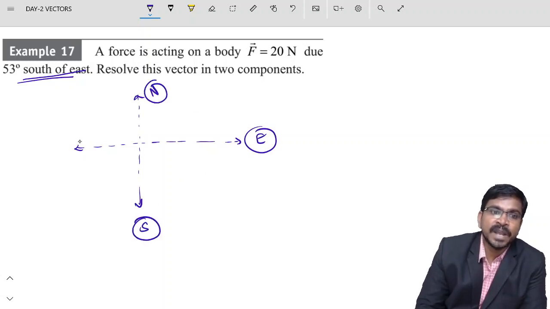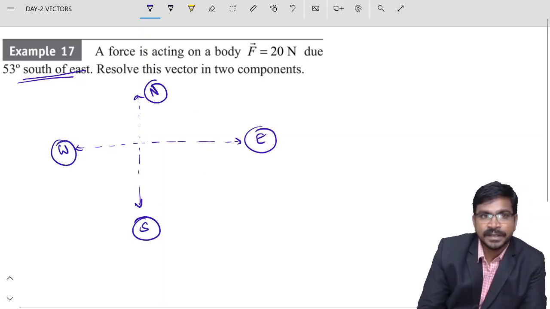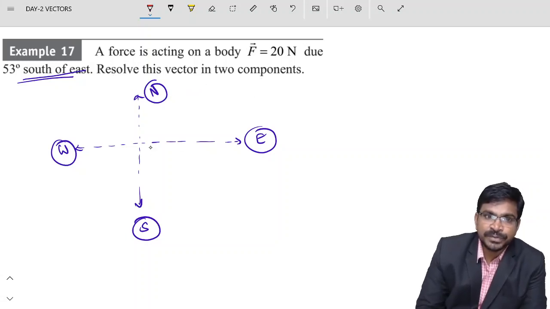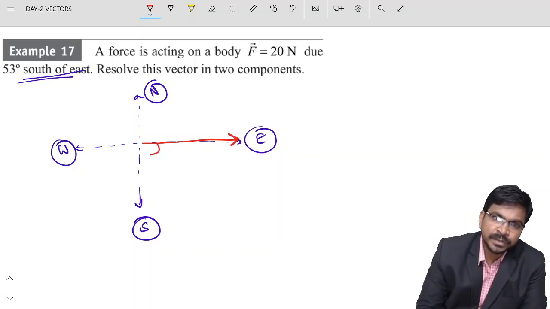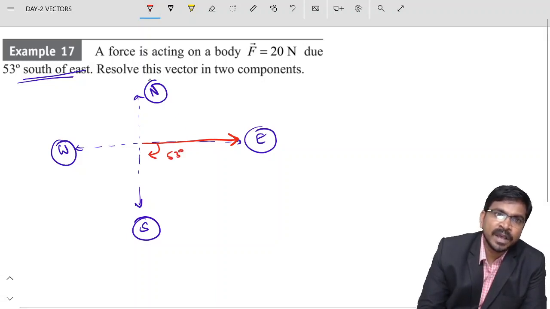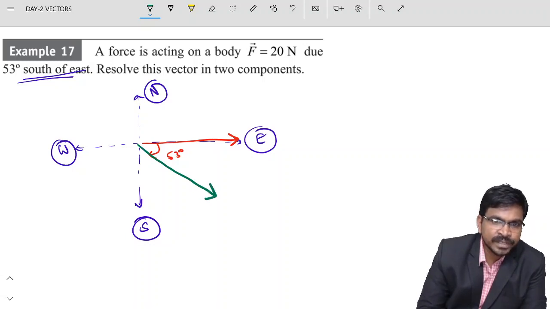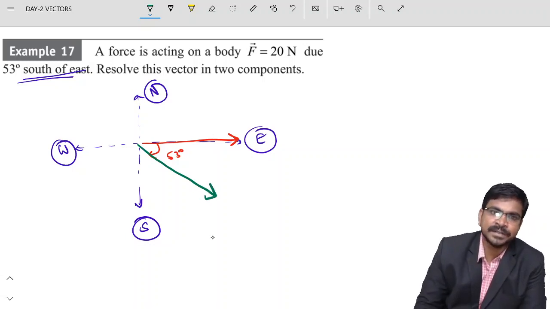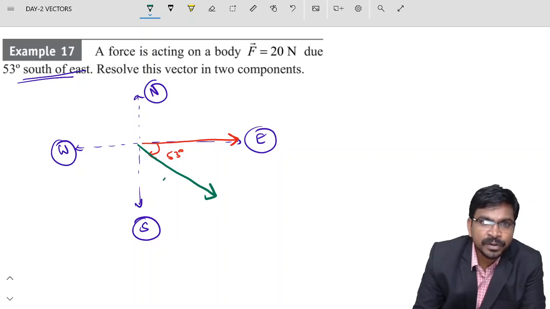Definitely south will become like this and west will become like this. The vector given is south of east, so east is the reference. From the reference, south direction is downward. So how much angle? 53 degrees, that means towards south from the east.